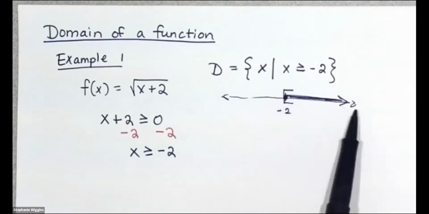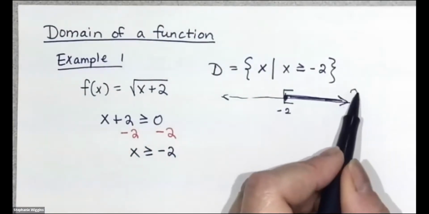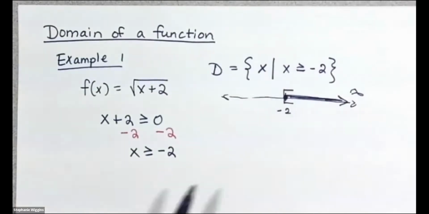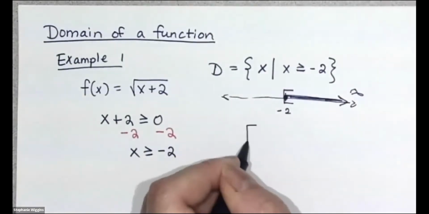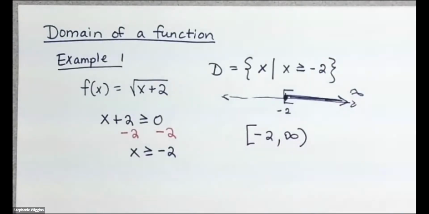So we go in the positive direction. This sets up our interval notation. If you see that graphically, you can also write it as [negative 2, infinity). Just a reminder, the square bracket means that we include the value of negative 2. Okay, so that's an example of finding the domain for a radical function.